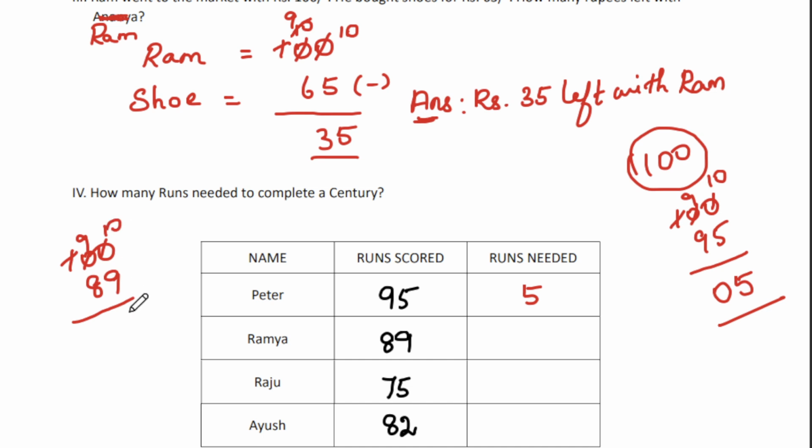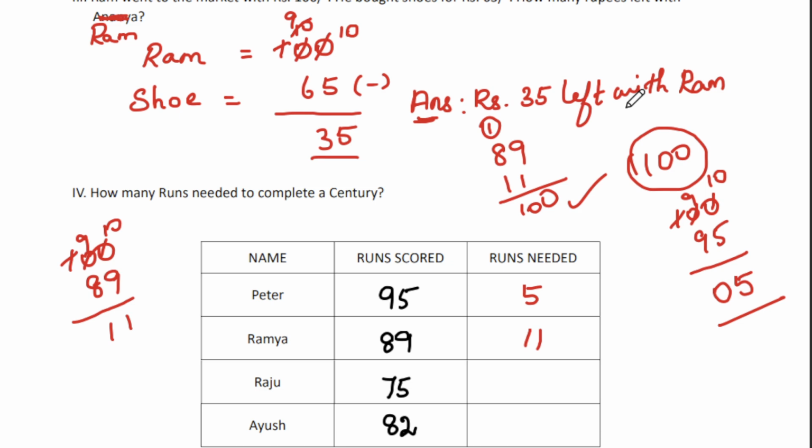So 10 minus 9 is 1. 9 minus 8 is 1. So Ramya needs 11 more runs to reach 100. If you add 89 plus 11, you will get 100. So you can cross verify also. 9 plus 1 is 10, 0 and carry 1. 8 plus 1 is 9, 9 plus 1 is 10. You will get this 100.